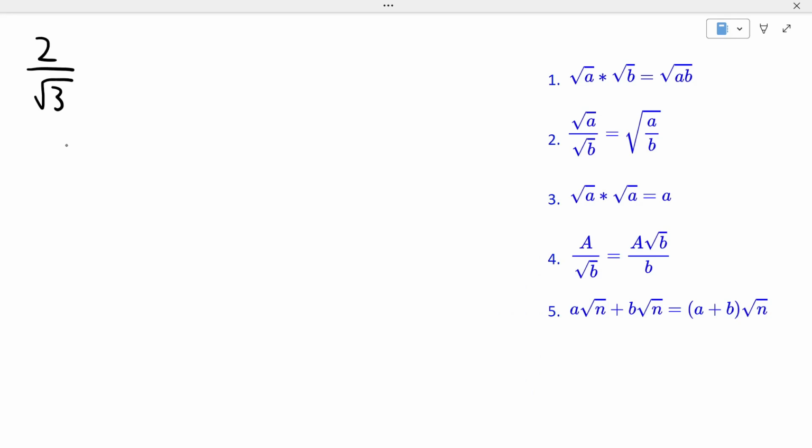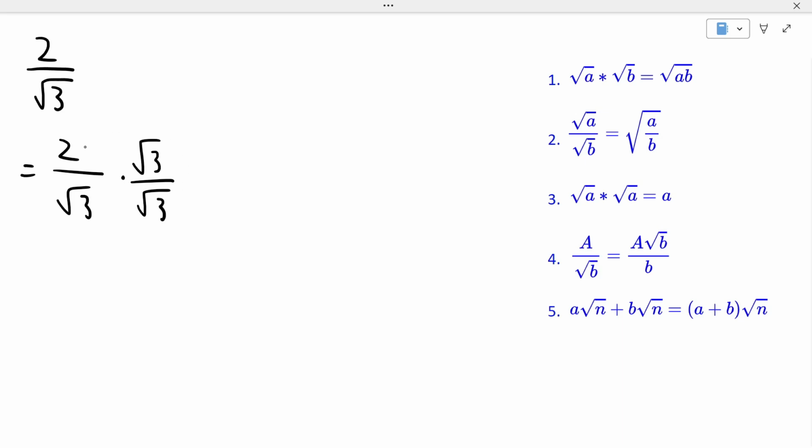So let's do another example. We can see that 2 over the square root of 3 has a square root in the denominator, so this expression is not simplified. So the first thing we need to do, as always, is to multiply the top and the bottom parts of the fraction by the square root in the denominator. In this case, it's the square root of 3. So we need to multiply this by the square root of 3 divided by the square root of 3.